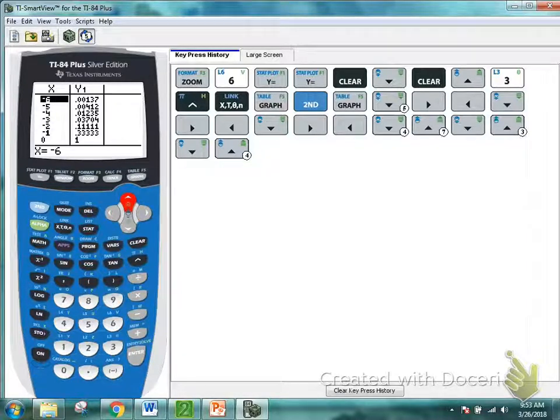What number, though, will it never be? 0. Never. Good. It's never going to give you 0. Think about that. It's always going to be 1 over 3 to some really large power, which will give you something very close to 0, but it's not 0.